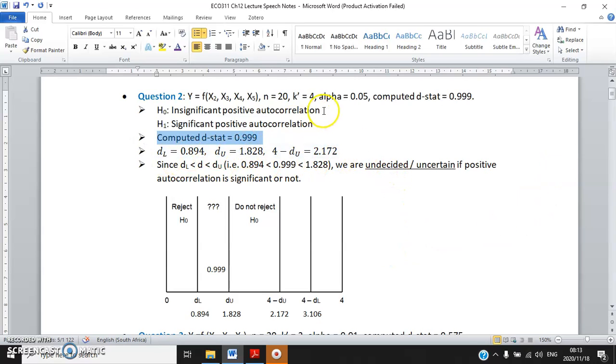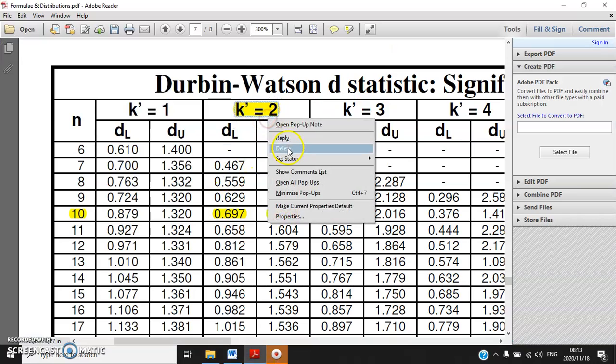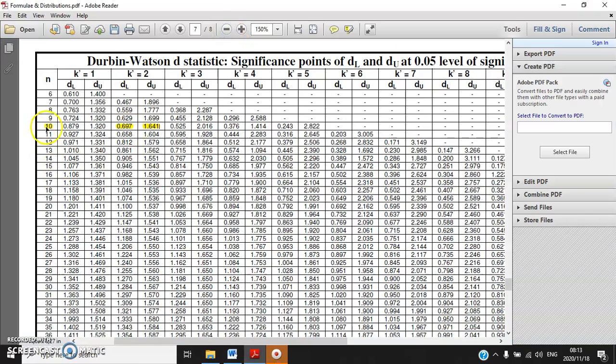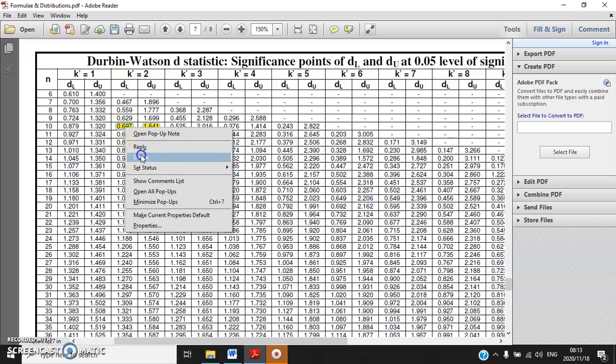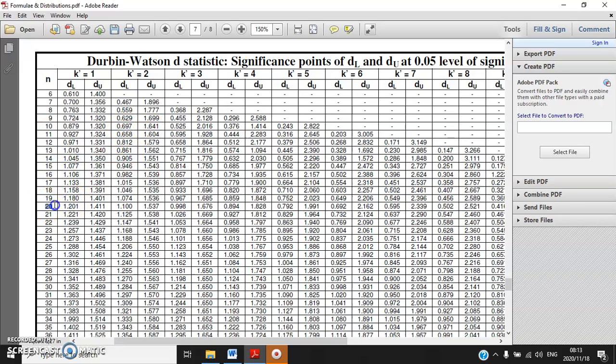Now we have to look for DL and DU: 20, 4, and 5%. So 20 here, K prime is 4, I am using the right table, 5%. So DL should be 0.894, DU should be 1.828.